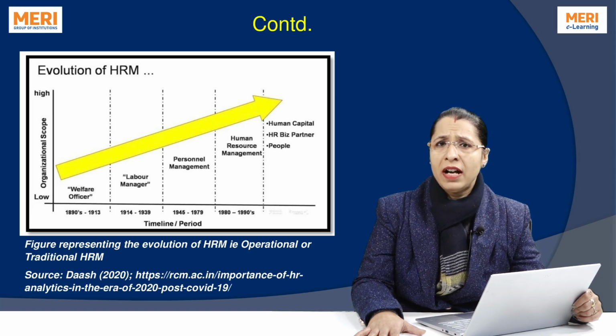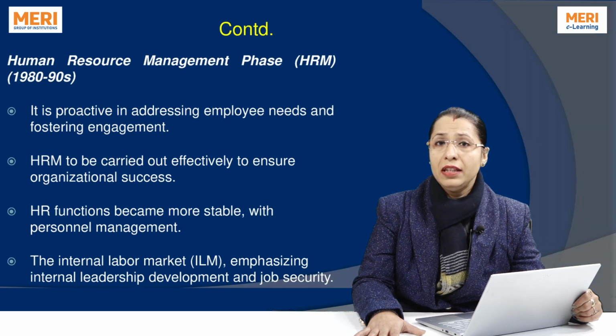Following World War II, from 1945 to the 1970s, the booming economy led to the establishment of numerous employment and labor laws that aimed at establishing a stable and peaceful business environment. During this time, HR functions became more stable, with personnel management focusing on tasks such as record keeping, recruitment, training, benefits, and administration.